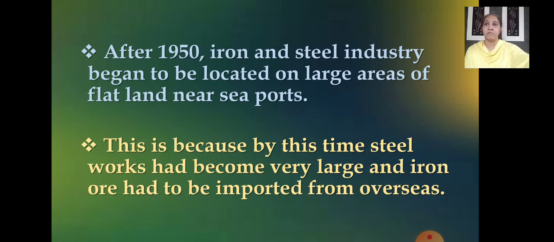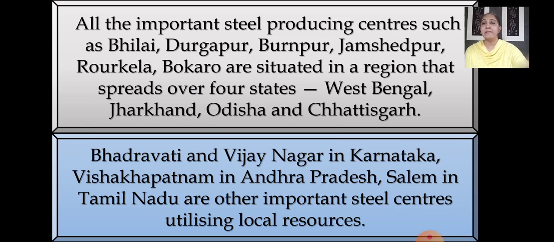So we can say in India, the iron and steel industry has developed with the advantage of raw materials, cheap labor, transport and the market. All the important steel producing centers such as Bhilai, Durgapur, Burnpur, Jamshedpur, Rourkela, Bokaro are situated in a region that spreads over 4 states.